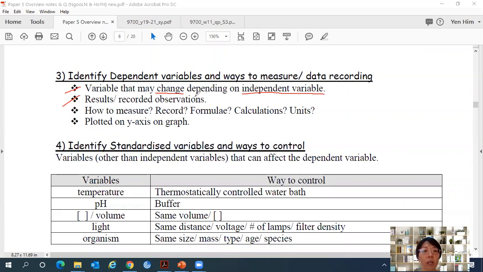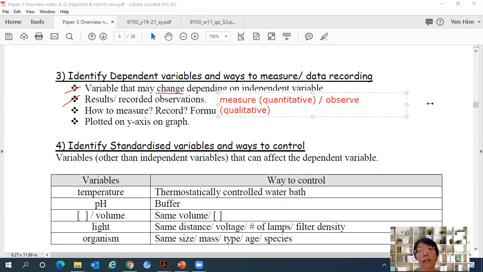Usually what you do is either you measure it, so it is quantitative, or you observe it, so it is qualitative. Your result can be quantitative or qualitative.